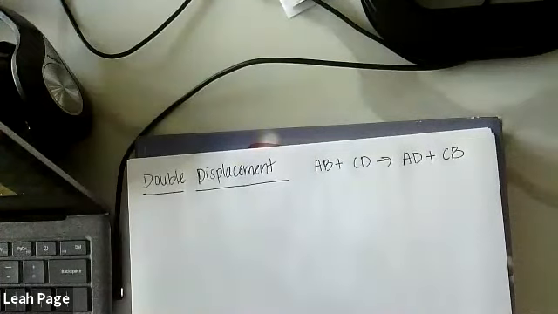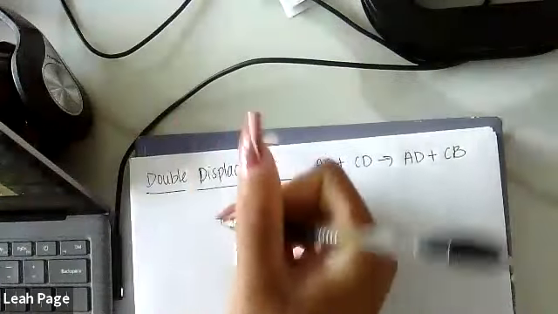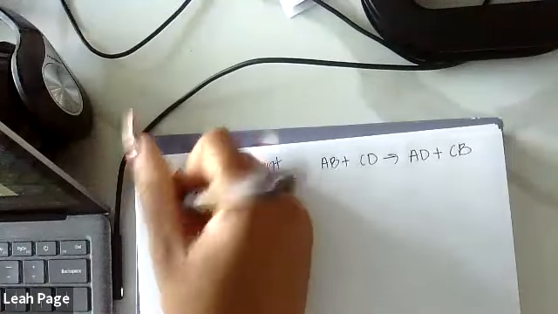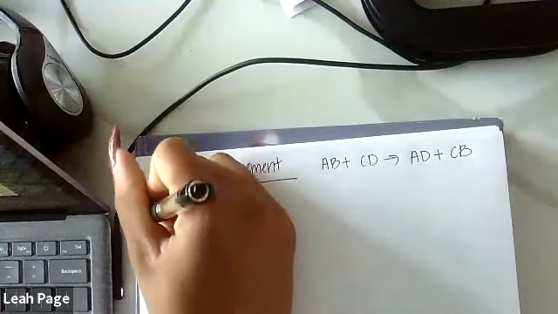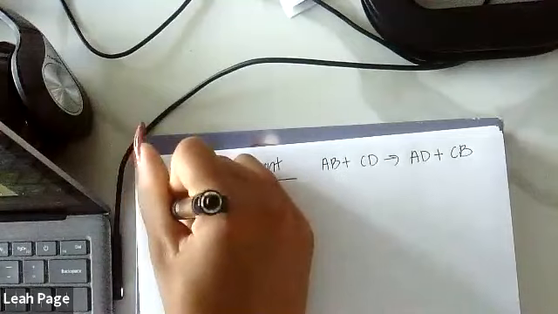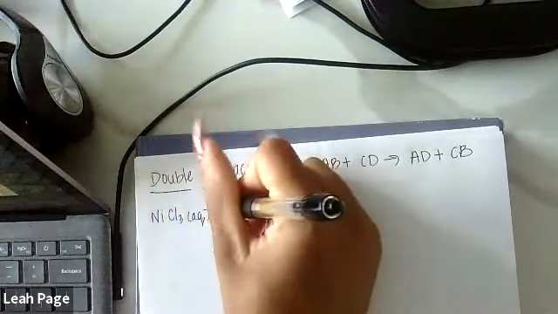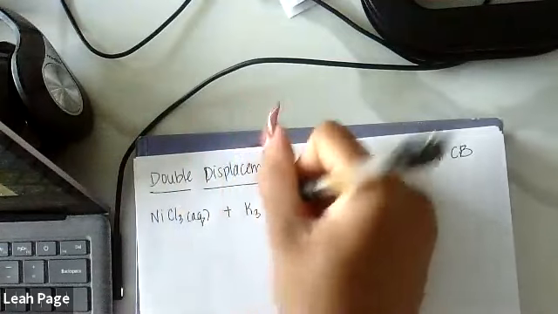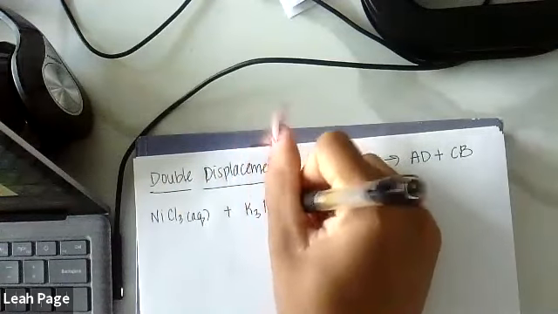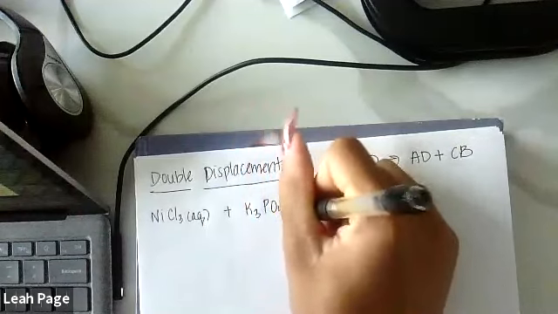So let's say I have nickel 3 chloride, looks like this, plus potassium phosphate, which looks like this.